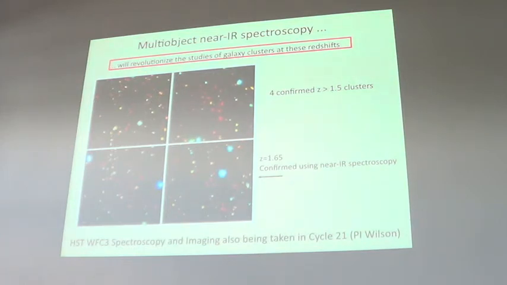And as far as the observer's world is concerned, multi-object near IR spectroscopy is going to revolutionize the studies of galaxy clusters at these redshifts. For these 4, we also have HST data being taken in cycle 21. And now we can get at things in the redshift desert because of this new generation of multi-object near IR spectrographs.